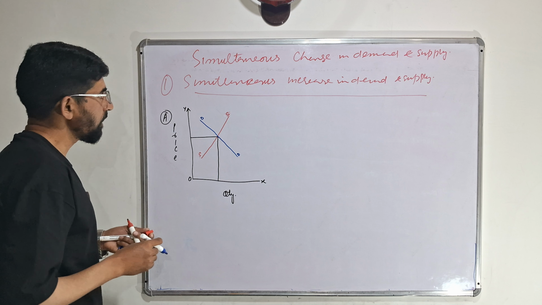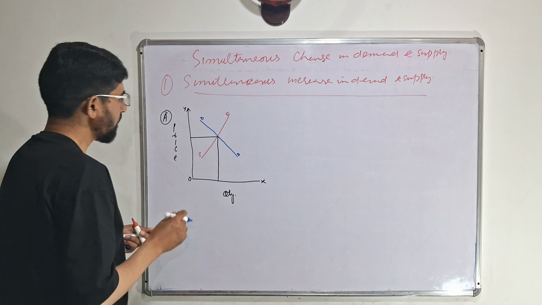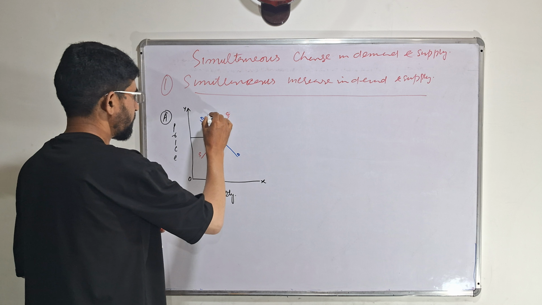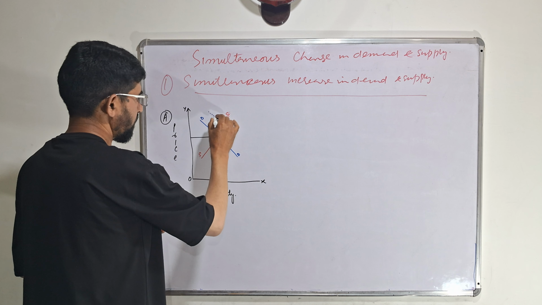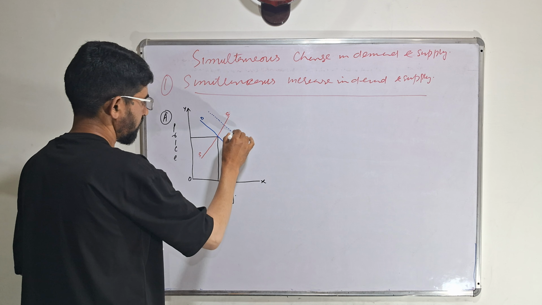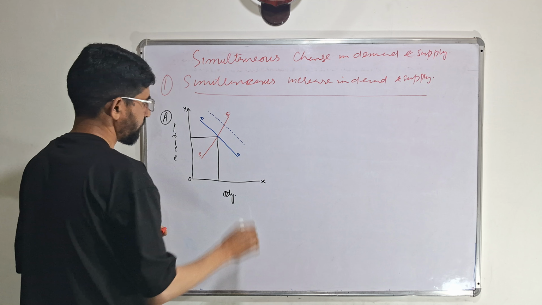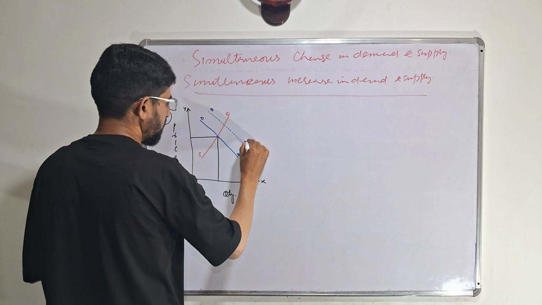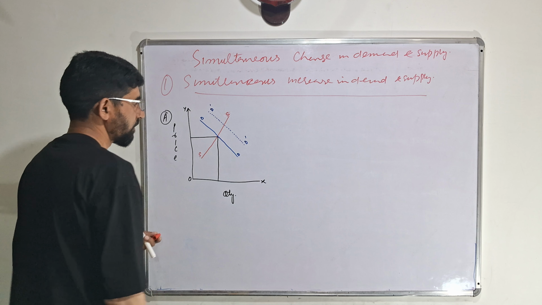Now, in the first case, I write increase in demand. It means demand increases like this, a rightward shift of demand curve DD to DD dash.